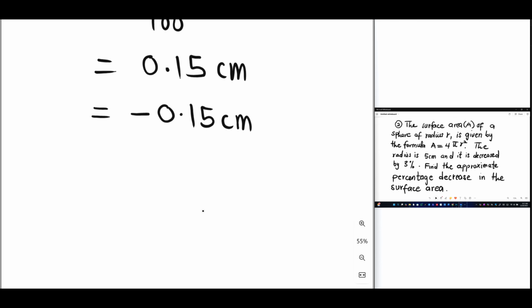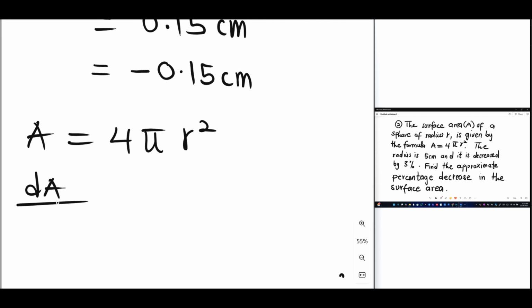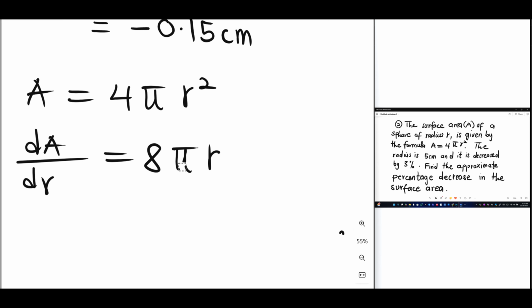Now let us work on the change in A with respect to r. We know our A to be 4 pi r squared. So we are going to differentiate the area with respect to the radius. So it's going to give us 8 pi r. Pi is a constant.